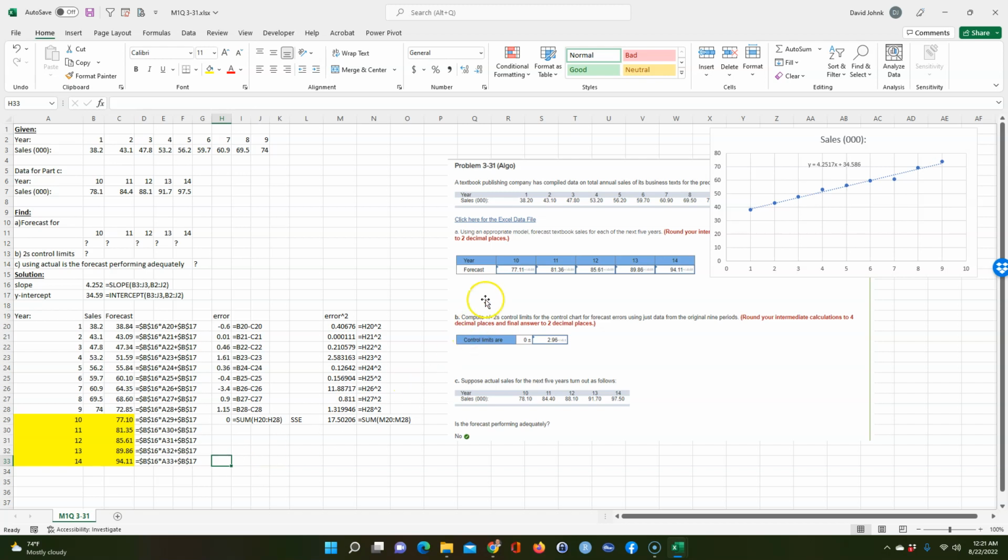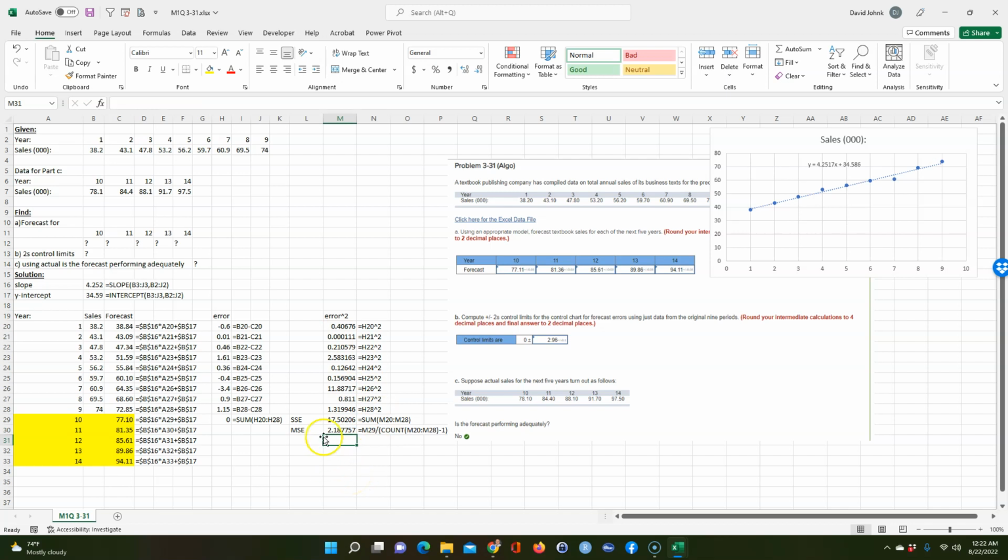So for part B, it wants the plus or minus 2s control limits, right? We already have the error, so now we can calculate the mean squared error. The mean squared error is equal to this divided by, like the average, but instead of dividing by the number, you divide by n minus 1. So it'd be the count of all of these minus 1, which would be 8, because we had 9. But we'll use the formula.